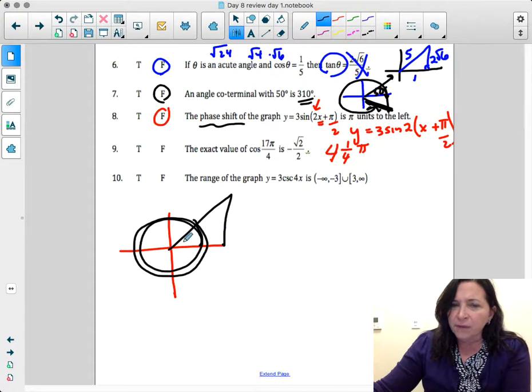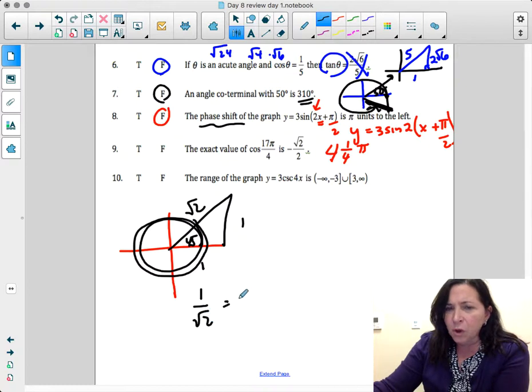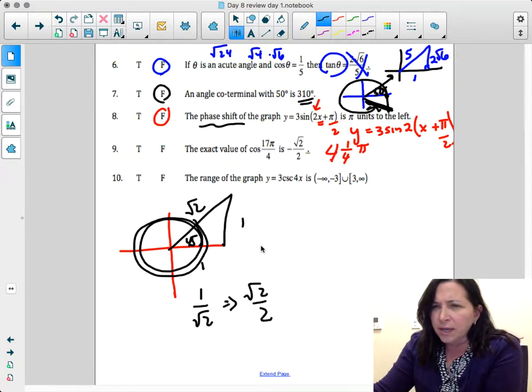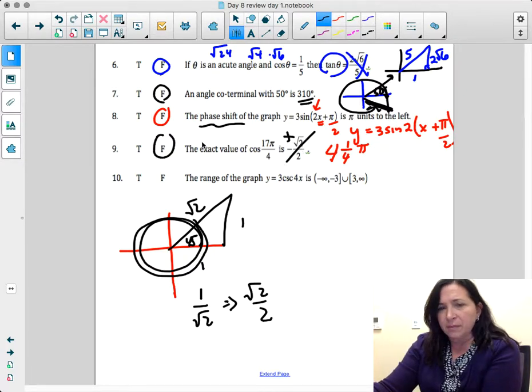This is going to be a 4th, which is a 45-degree angle, 1, 1, square root of 2. Cosine is adjacent over hypotenuse, so that's going to be 1 over root 2, which is root 2 over 2. So in this quadrant right here, in the first quadrant, cosine is actually positive, not negative. So that would be another false statement.